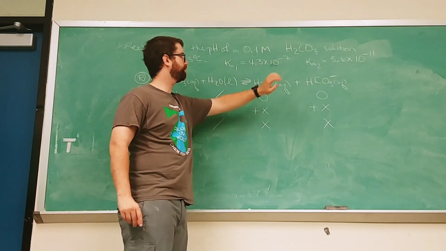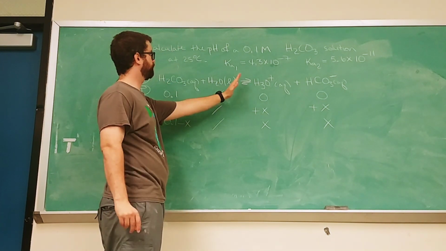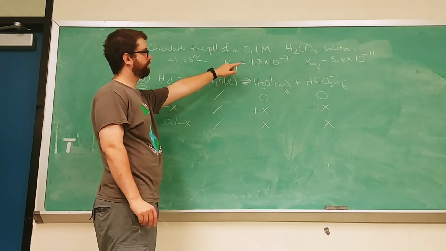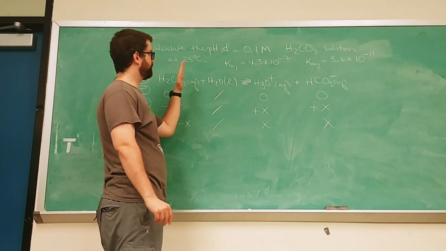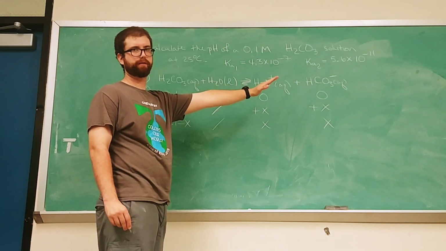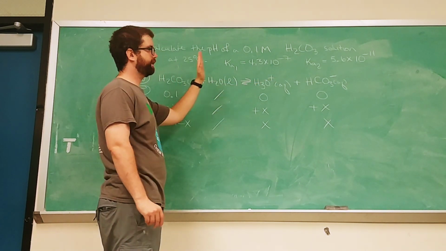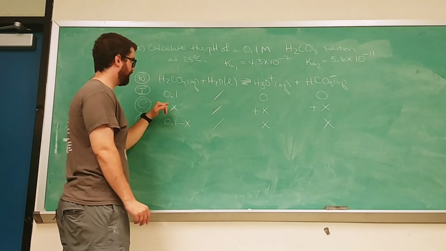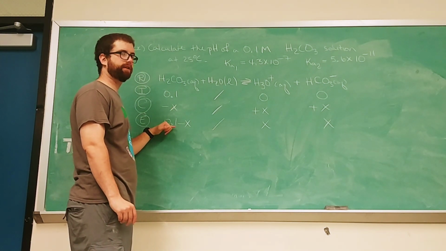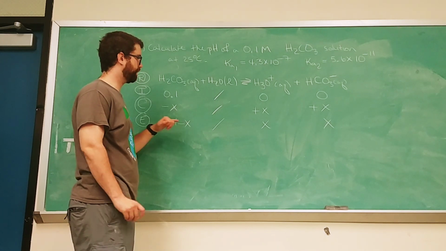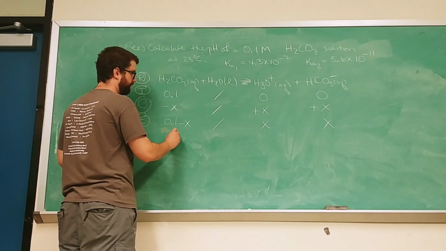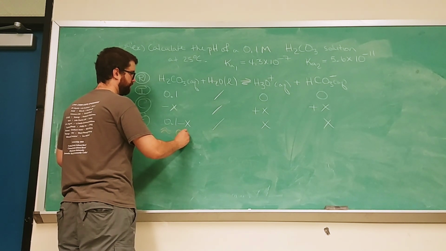Since K is very small, that implies we are favoring reactants at equilibrium, which means very little of the reactants are getting turned into products. So x is going to be a very, very small number, and compared to 0.1, we can assume x is so small that this is functionally approximate to 0.1.